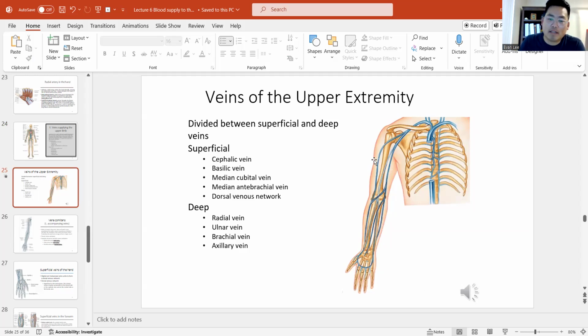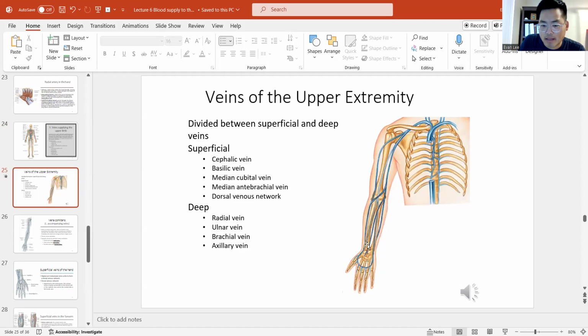The superficial veins are the darker ones, and I think it's trying to indicate that they're easier to see. But if you look behind the superficial ones, you have the deep ones, which are a bit lighter in color, slightly opaque.